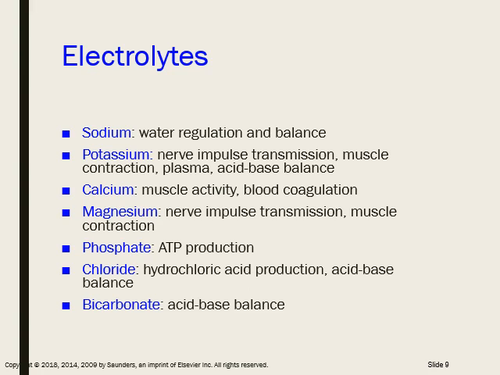Calcium is involved in formation of bone and teeth. Magnesium is necessary for building bones and teeth as well. It is necessary for nerve transmission, and it is involved in muscle contraction. Phosphate is necessary for the formation of ATP.